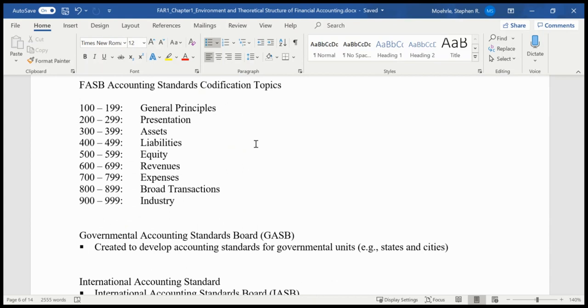The 600s relate to accounting for revenues at a company. The 700s relate to the accounting for expenses of the company. The 800s discuss several broad transactions. And the 900s are industry-specific accounting rules.